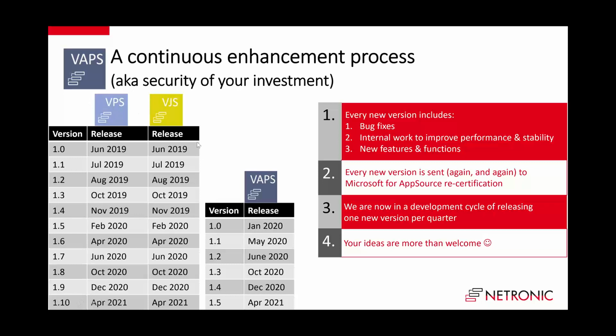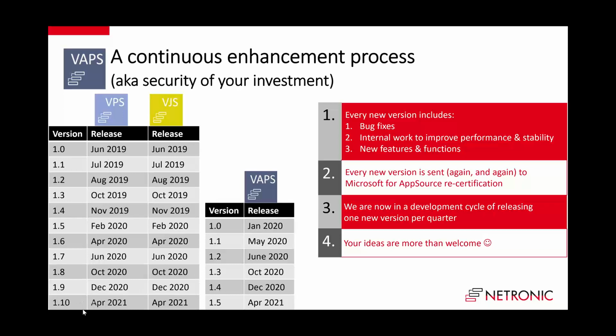We have a tight schedule because we're talking about 3 products today: the Visual Advanced Production Scheduler, the Visual Production Scheduler, and the Visual Job Scheduler. Both VPS and VJS are products that we used to have for Dynamics NAV and that we brought to Business Central as early as we could. We released them in June 2019, and since then have a good track record of regularly shipping new versions.